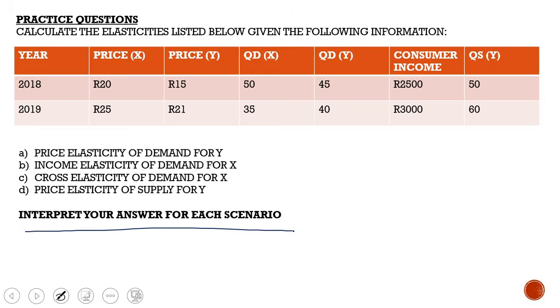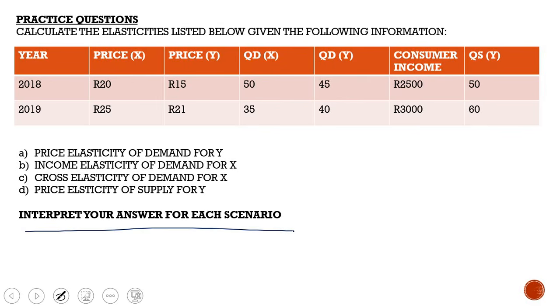For the first one, price elasticity of demand for Y, it doesn't say which formula to use, point or arc. I'm just going to go with point elasticity for now.